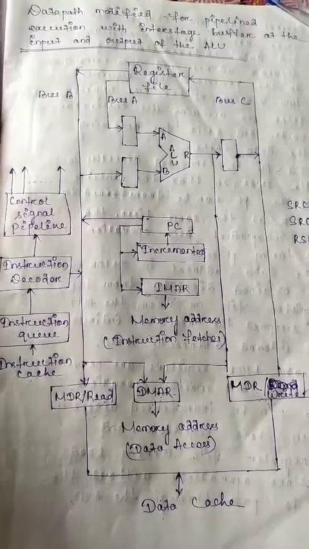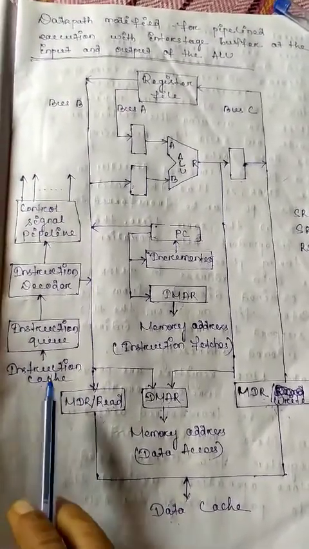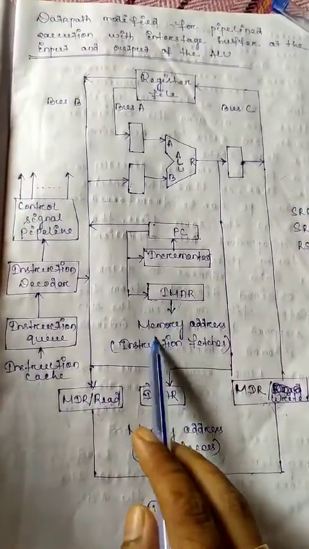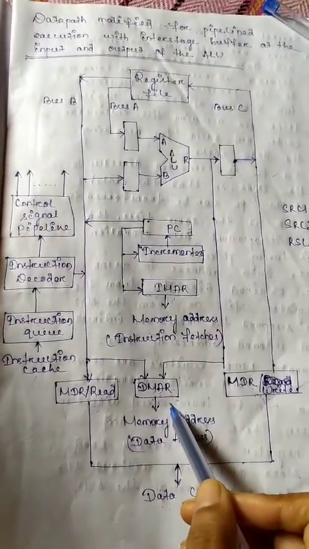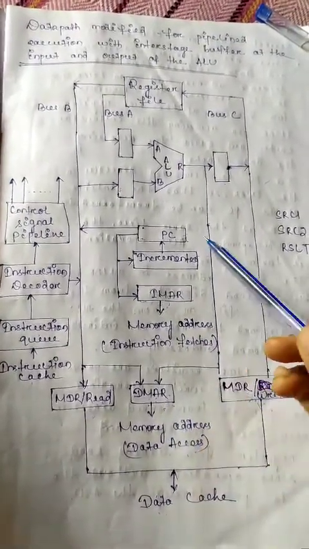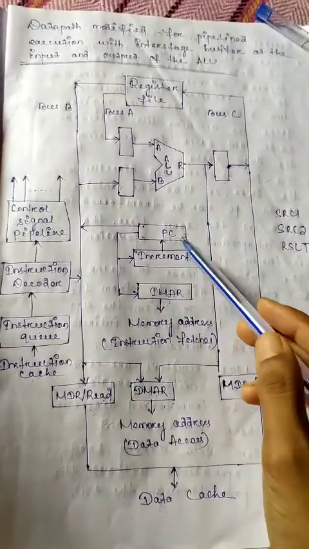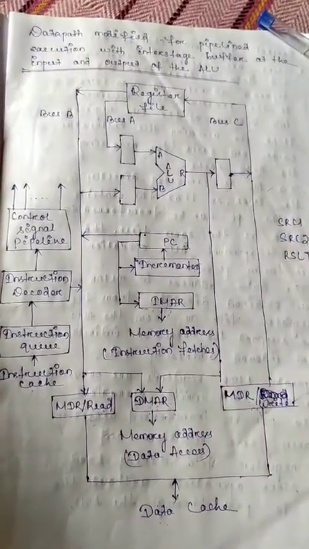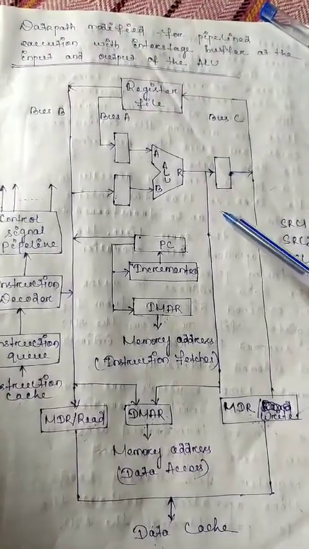The first one is that there are two separate caches, one for data and one for instructions, and there are also two MARs we are using, one for instruction fetch and another for data. The PC is connected directly to the IMAR, so the ALU is independent and can do other operations.